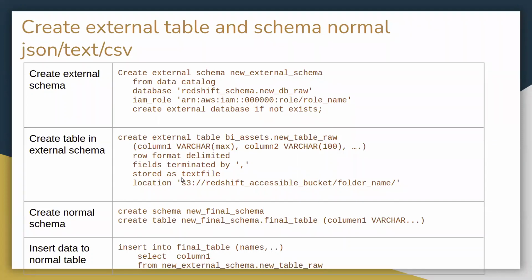In my case here, I just decided to use it as a text file, which is delimited by a comma. The reason is that there are versions of queries which will not accept a CSV, but will accept a text file which follows the CSV format, or also a parquet file, which has a different kind of format. So this gives you a bit of flexibility around looking through a file.